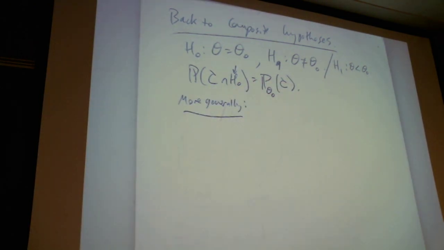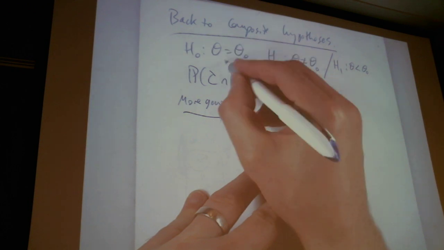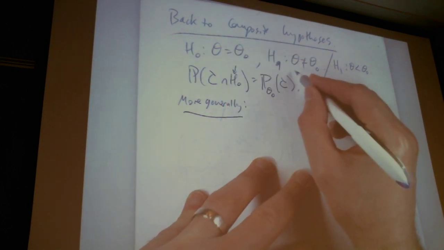More generally, that example we saw, one of the first examples we talked about, where there was a drug, we were going to do 20 samples, and the critical region was whether 14 of them or fewer, 20 coin flips. I forget what the setup was. Let's say it was 20 coin flips, where we wanted to test if this was bigger than something, and the alternative hypothesis is that it's less than something.